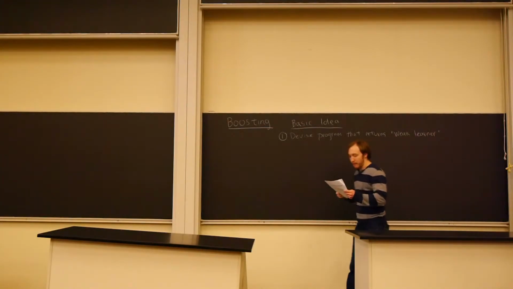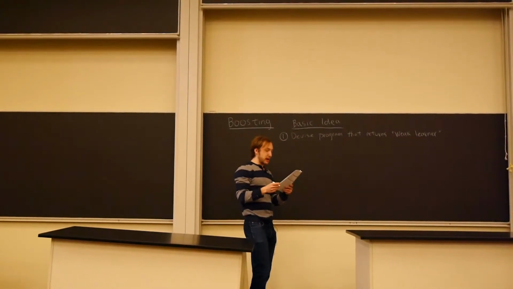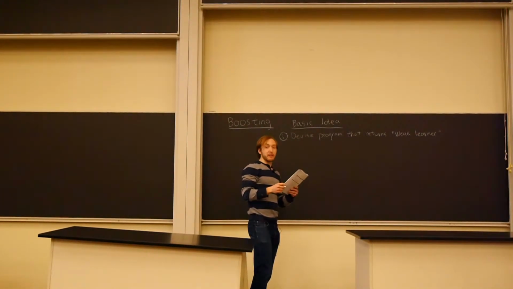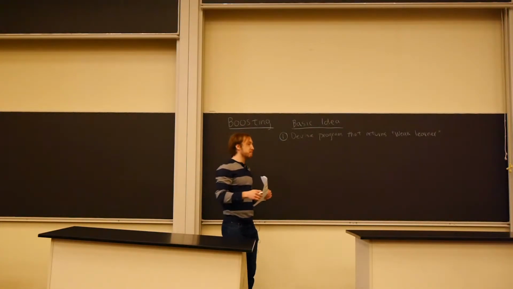Now, second of all, after we've got a program that returns a weak learner, let's suppose we apply the above program to some sort of data set. Let's suppose we apply the above program to a subset of data or to a weighted set of data.